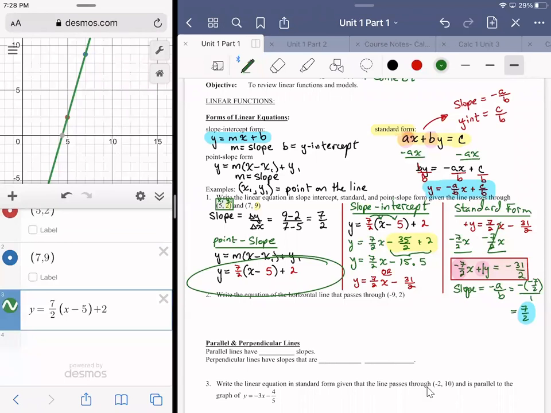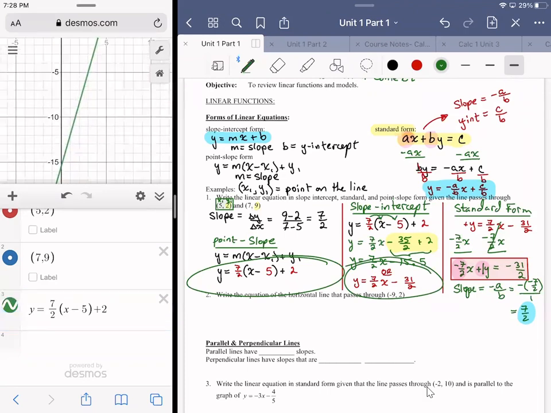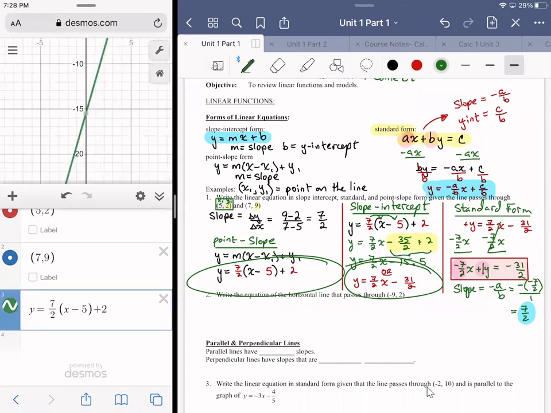Now, if I want to get from here to the slope-intercept form, then I need, well, I already have the slope, but I would need the y-intercept. So what I can do is slide back, tap on the intersection between the graph and the y-axis, and whatever that y value is will be the y-intercept.